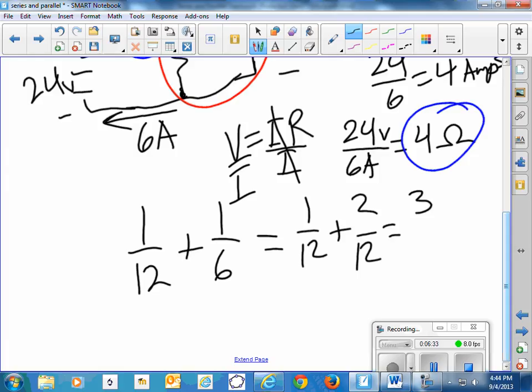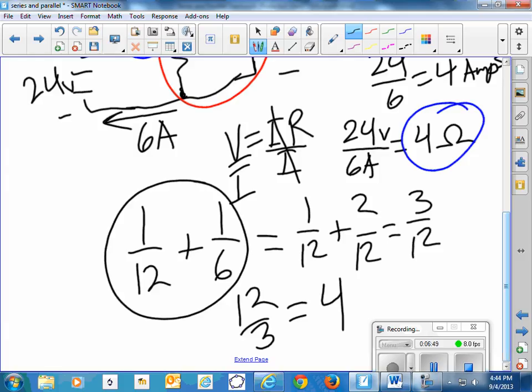That is 3/12. And then I flip that over, and so it will be 12 over 3, which is 4. So resistors in parallel add as reciprocals.